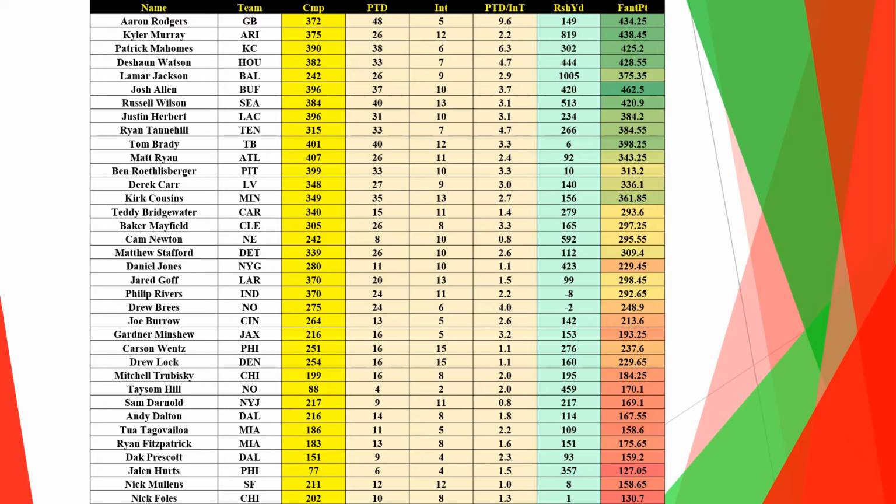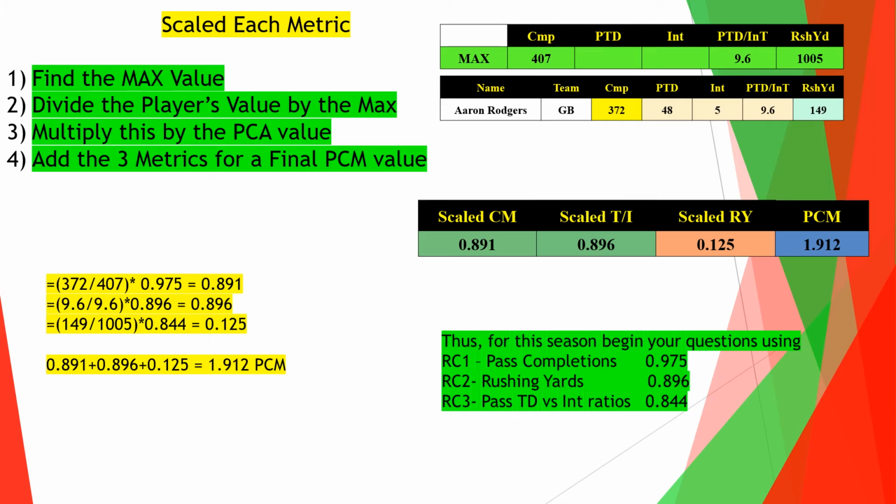And I did a colorization here to let you look at the high quarterbacks, the low quarterbacks, and these kinds of things. You can take a look at that data. So what I did was, for instance, completions, I'll just go through that.